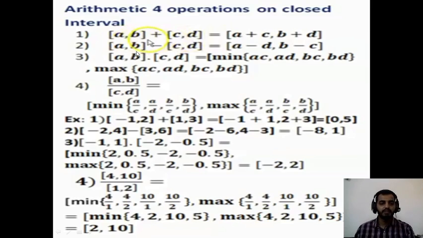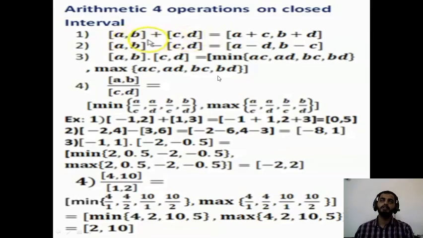Now with reference to multiplication, if there are 2 sets A, B and C, D, how is it done? We will be considering the minimum of AC, AD, BC, BD, and the maximum of the same AC, AD, BC and BD.